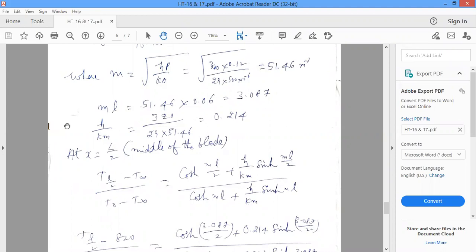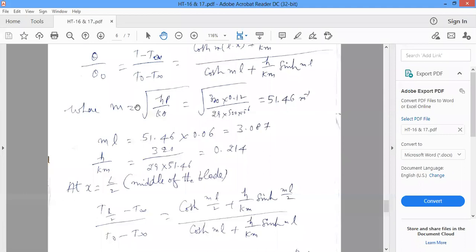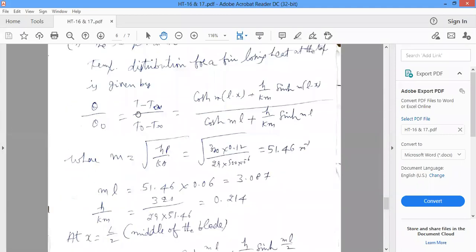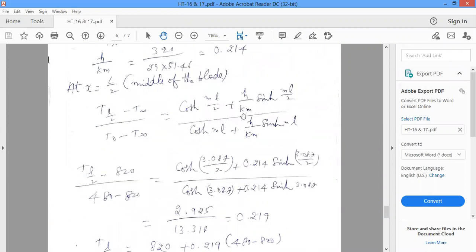So where you are supposed to calculate the temperature distribution equation, at x is equal to 0, x1, x2, x3, at x is equal to L by 2, at x is equal to L, you can calculate the temperature at any point from x is equal to 0 to x is equal to L. So you have to calculate temperature T at x is equal to L by 2, that is the middle of the blade.